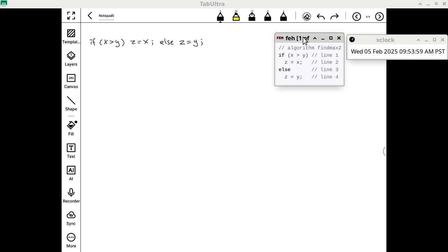Your brain has been working on this. So now we're trying to look into how the computer would look at this sequence of characters, or words or letters and punctuations, and then it will do some processing. The first thing it sees is if. As soon as it sees the if, it goes like, oh, this is a terminal that goes to the beginning of only one kind of statement, which is a conditional statement.